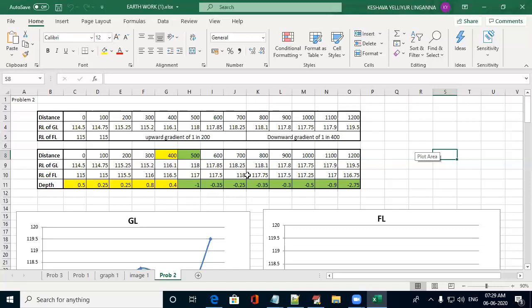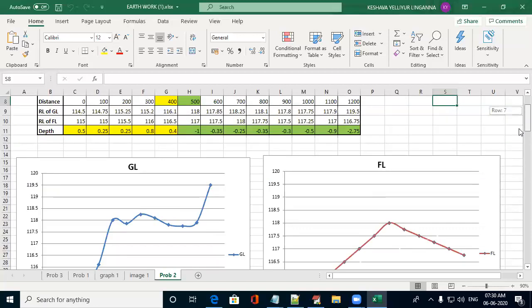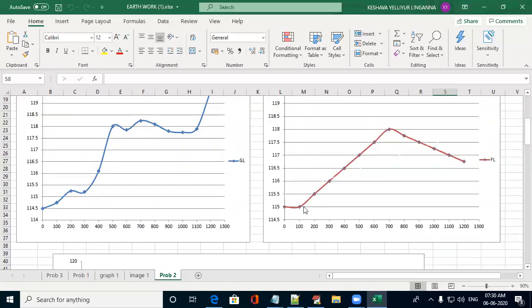From 100 to 700, there is an upward gradient of 1 in 200. Upward gradient means there is a rise in the gradient. That means the level should go upward like this till 700, and then it should come down like this after 700. At 0 and 100 it is the same, that is 115. After that from 100 it is a rising gradient till 700 meter, and after 700 meter there is a downward gradient till 1200.